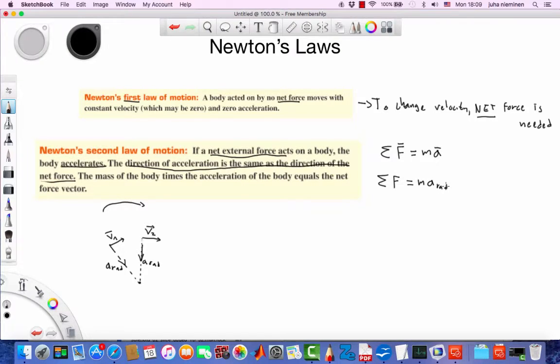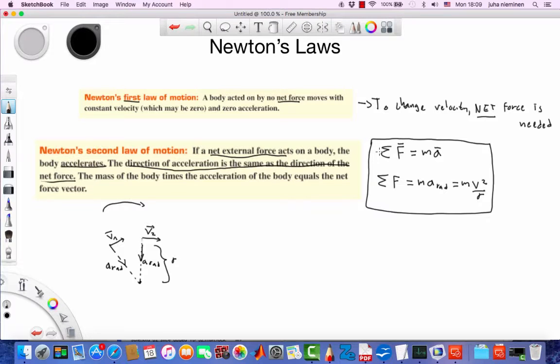The magnitude of the acceleration in this case is in fact v squared over r, where r is the radius of the circle. So we leave the vector notation out because the direction is always towards the center of the circle, and the magnitude comes from this equation, m v squared over r. That's pretty much the second law that we will be using in all of our problems.